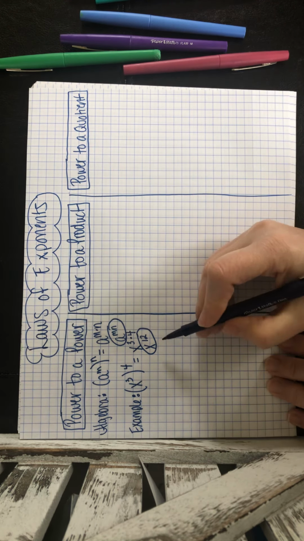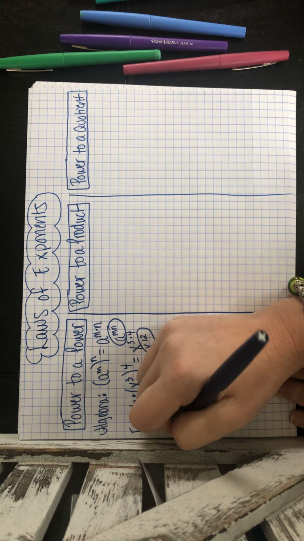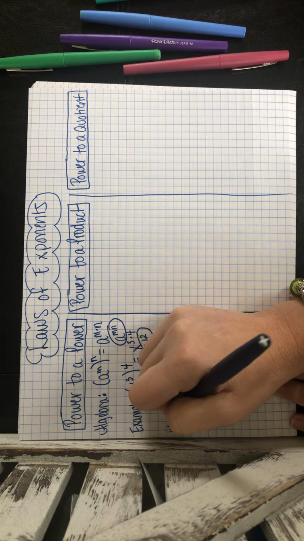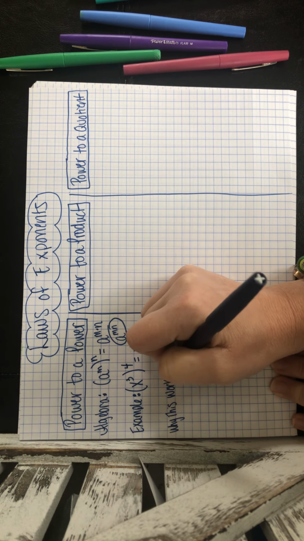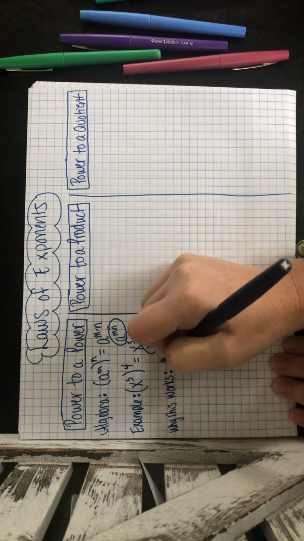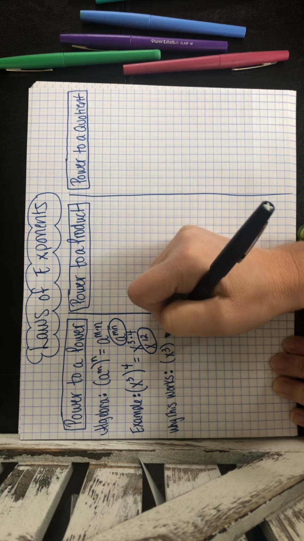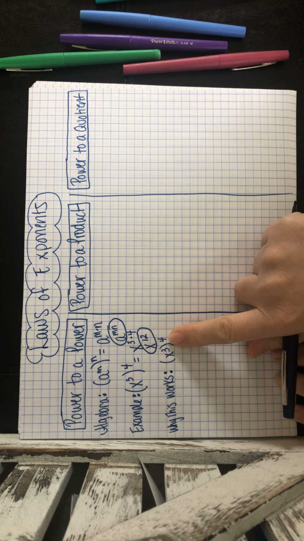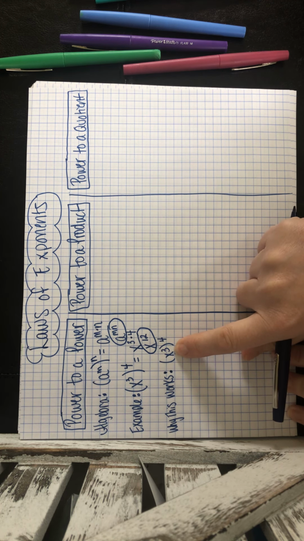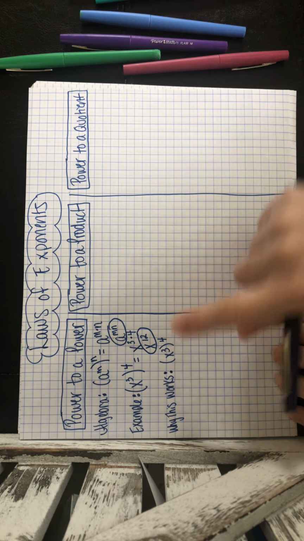Okay? And the reason that we can do that, so why this works, is this reason. So if we have x to the third being raised to the fourth, what this tells us is that we have 4 of these bases that we're multiplying together, 4 of these powers that we're multiplying together.